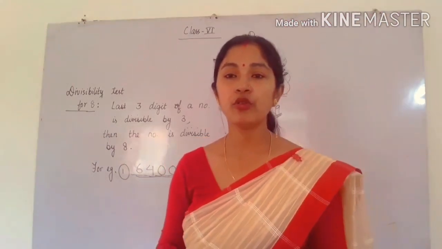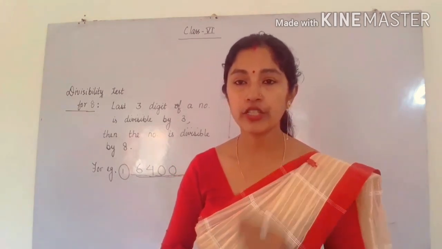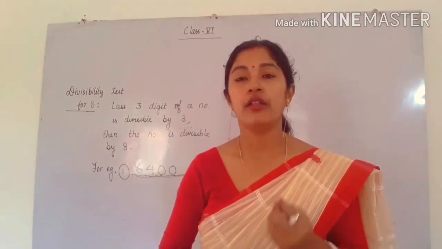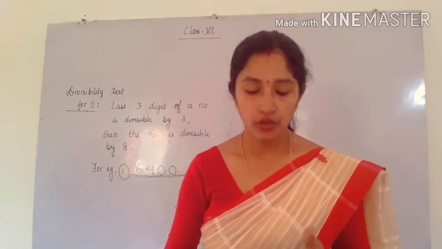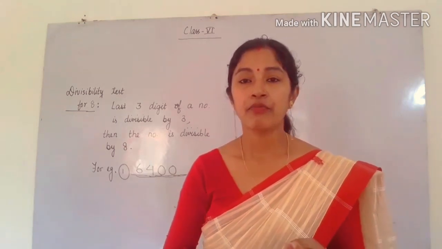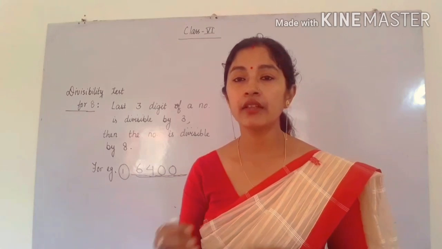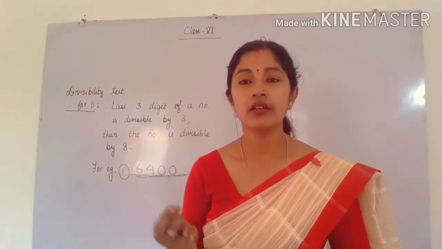For 10 you have to check the unit place. If the unit place, or you can say the ones place, is 0, then the number is divisible by 10. As you can see, in the table of 10, if you multiply 10 with any other number, you will get a number in which the unit place is 0.